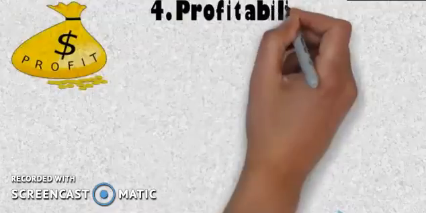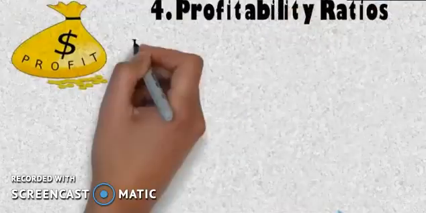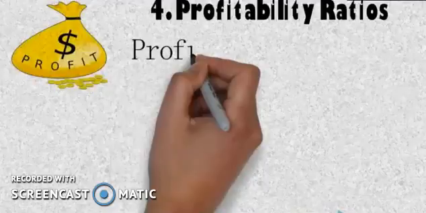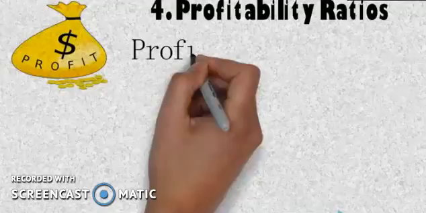The fourth and last one is the profitability ratio. Each of us knows that the main aim of doing business is to earn profit, and the profitability ratio helps us know and compare the profitability of a company.